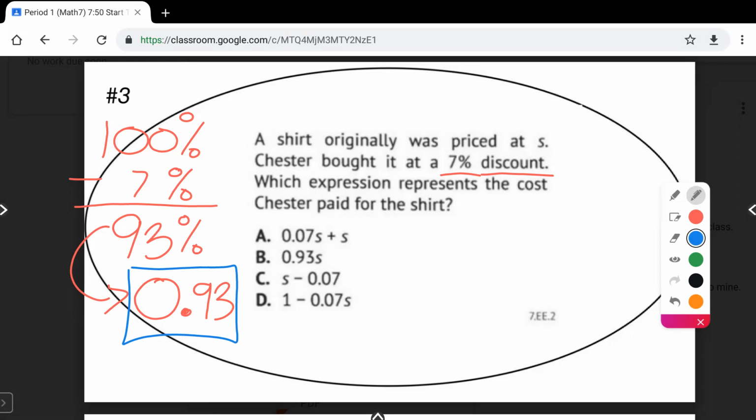For instance, look at letter C. We talked about combining like terms when we started our pre-algebra unit. Combining like terms taught us that we could always add a number to a number. We could always add a percent to a percent. We could add an A to an A, a B to a B, an X to an X, a Y to a Y, but never, never, ever could we add or subtract two things together that were different.